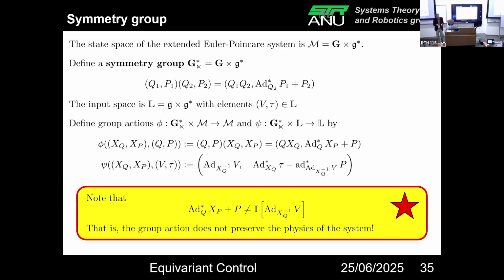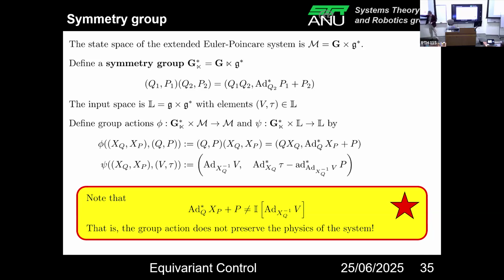Because my group is this group that I've just done. My state space is just G direct product with the co-algebra, okay? So the state space is not a group, but the group acts on that state space, right? And so there's a free action, and then the input action, which really you have to read the paper to understand. So I won't go there.